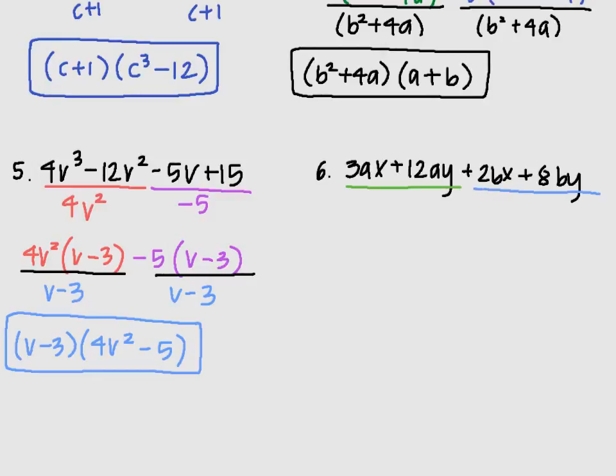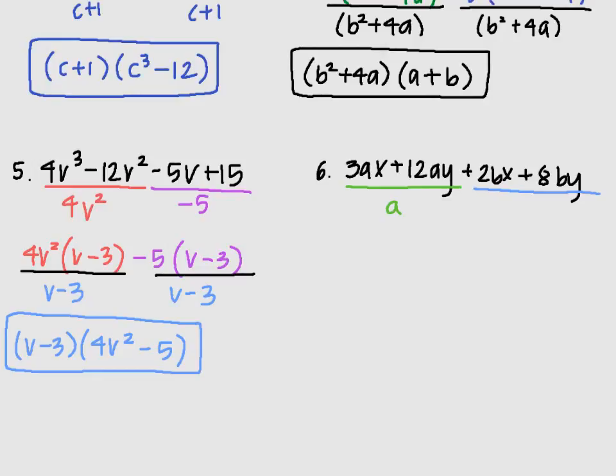So in the first 2 terms, they both have an a in common, so I could factor out an a. And one term has an x, the other term has a y, so there are no other variables I can factor out. Looking at the coefficients, I have 3 and 12.